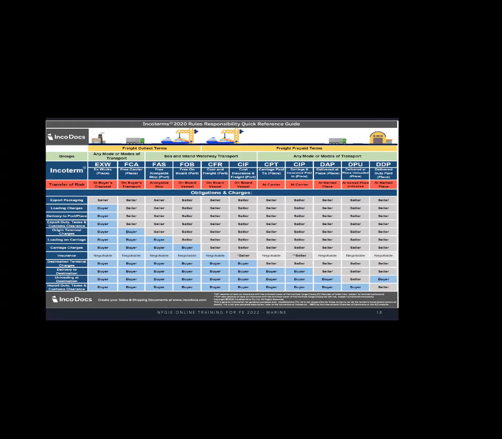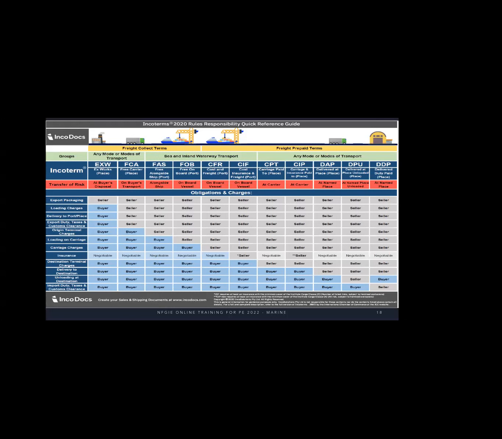Similarly, in CIP also it is at carrier. So FOB, CFR, CIF, CPT, and CIP all have similar points where there is a transfer of insurable interest from seller to buyer.